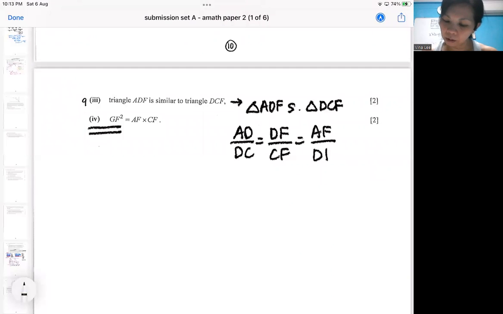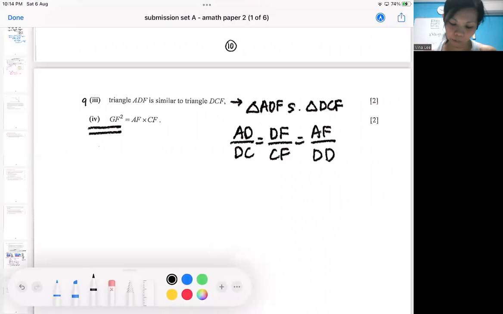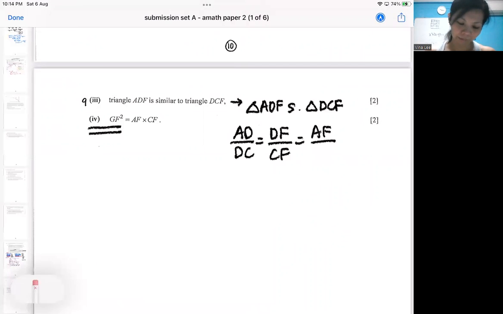After I scribble out the 3 ratio, okay, did I scribble correctly? DF, CF, AF, DF. Yep, correct.